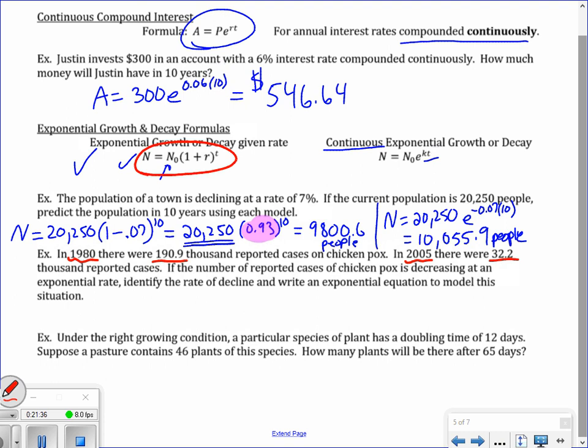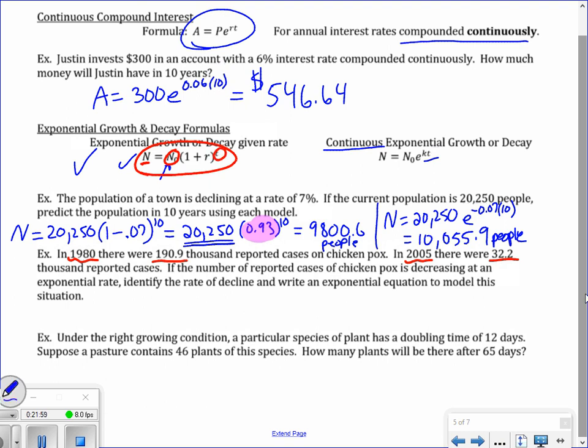My original amount is the 190.9, so I'm going to put that for my N0. I ended up with 32.2. So I'm going to put that here with my ending value. My time is, 10 years does it say? No, I'm sorry, 25 years it took, so that's going to go here. So then I'm going to solve for R.